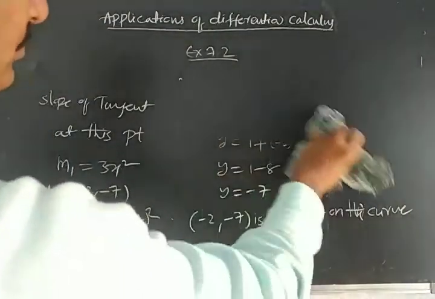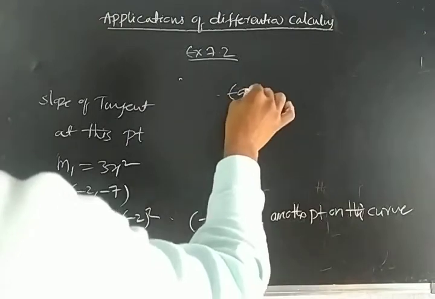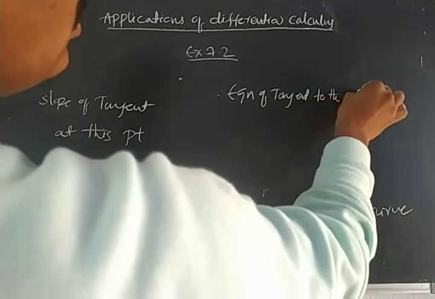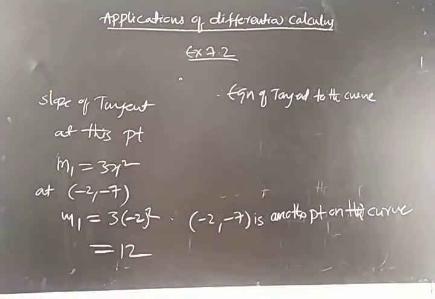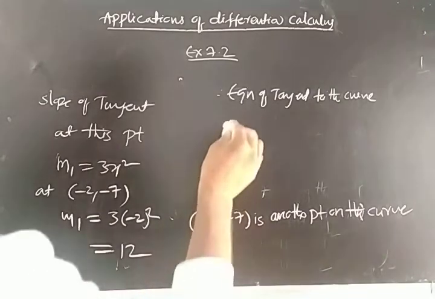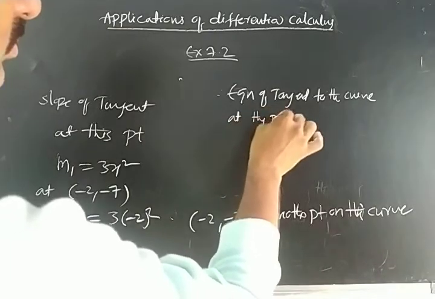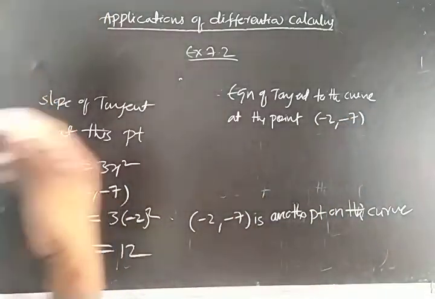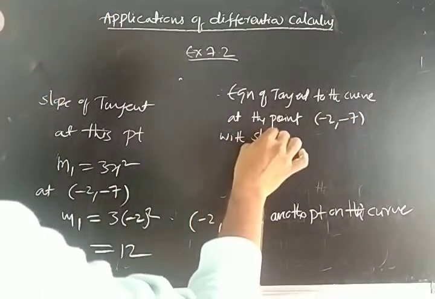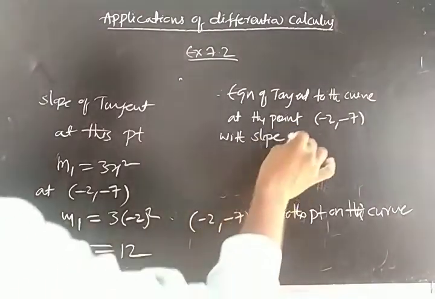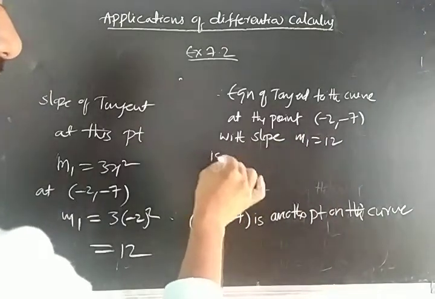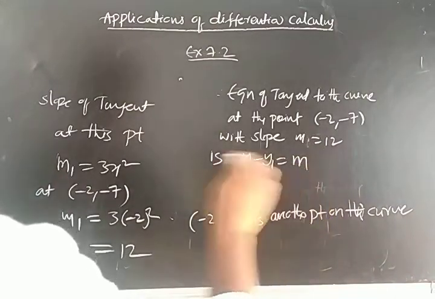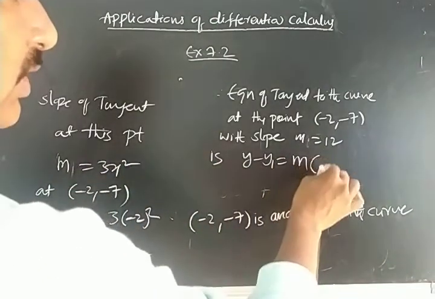Now the equation of tangent to the curve at the point (minus 2, minus 7) with slope m1 equal to 12 is y minus y1 is equal to m into x minus x1.